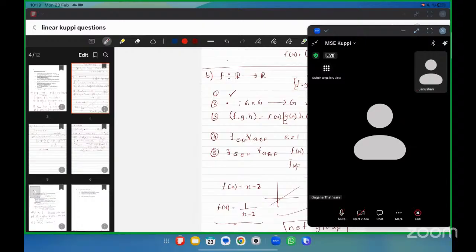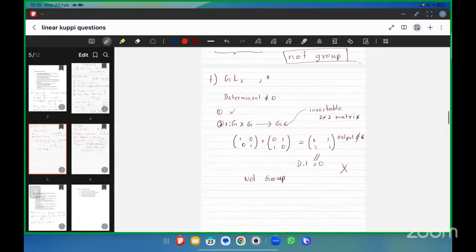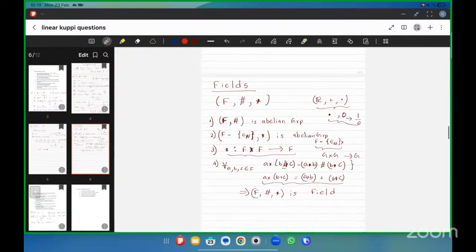Can you check whether there is an error in the distributive law? Which one? The fields in the set, or the groups? A star B sharp C, right?